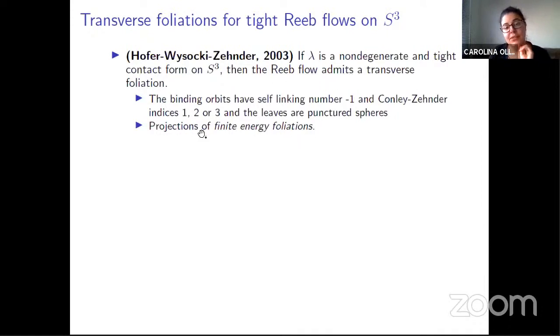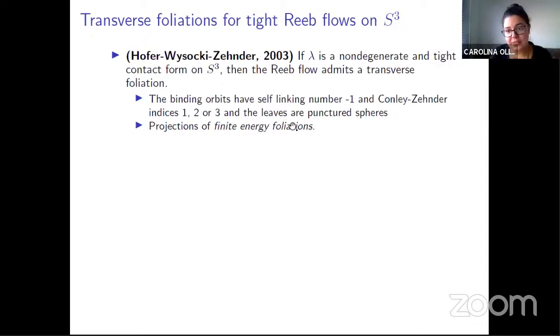To prove it, they introduced the notion of finite energy foliation. They used the theory of pseudo-holomorphic curves in symplectization. They defined what a finite energy foliation is: essentially a foliation in the symplectization by finite energy pseudo-holomorphic curves.